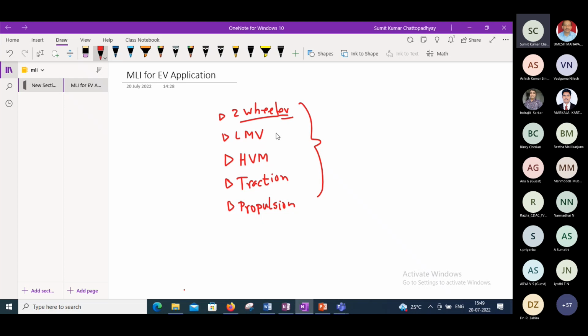From there it starts, and it goes up to 50 kilowatt in light motor vehicles. Then for heavy motor vehicles, it comes around a few hundreds of kilowatts. Traction goes into the range of megawatts. A few tens of megawatts will come in ship propulsion. All this we can categorize as electrically driven vehicles.